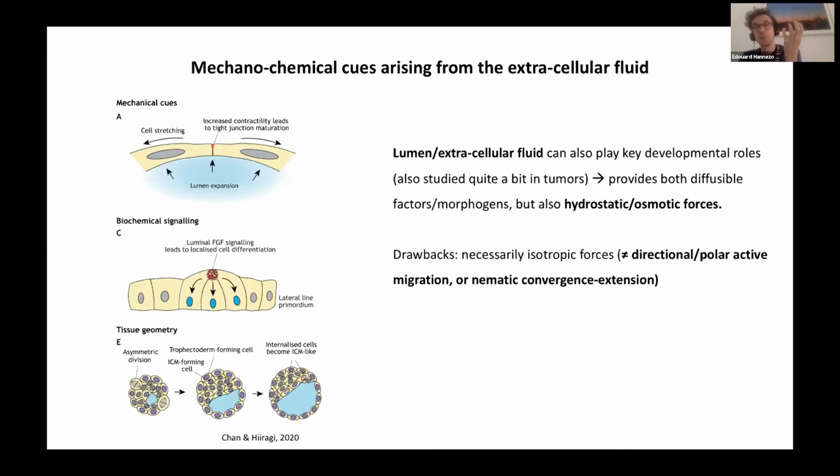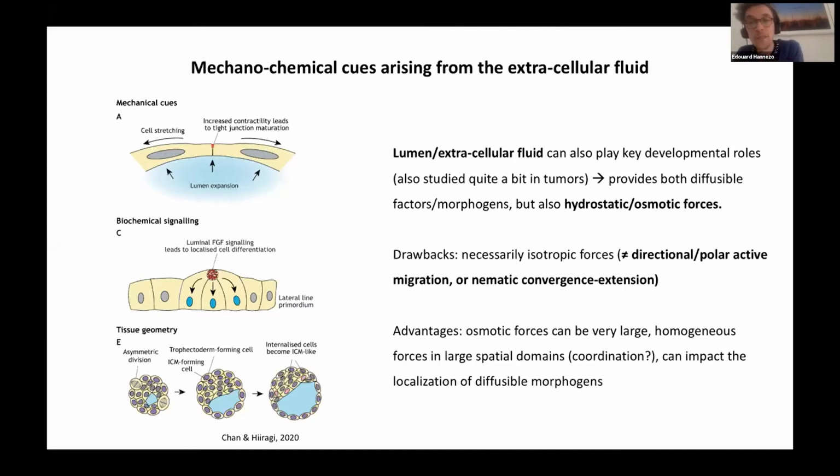The forces from the fluid have both drawbacks and advantages. One of the drawbacks, for instance, is that fluid pressure is necessarily isotropic, so it's exerted in all directions. So you can't have, for instance, directional shaping, such as for active migration or patterns of continuous extension. But it has quite a few advantages. For instance, osmotic forces can be really large. Because of fluid flows, you can have relatively homogeneous forces in large spatial domains, which can conceivably help, for instance, with coordination.